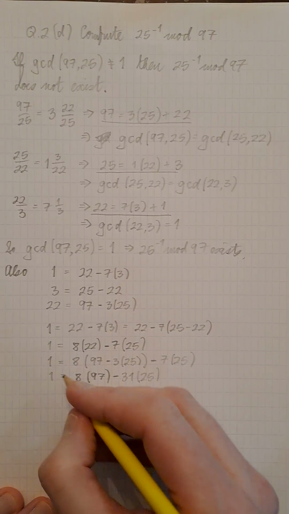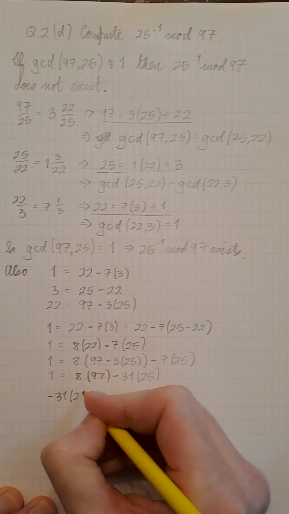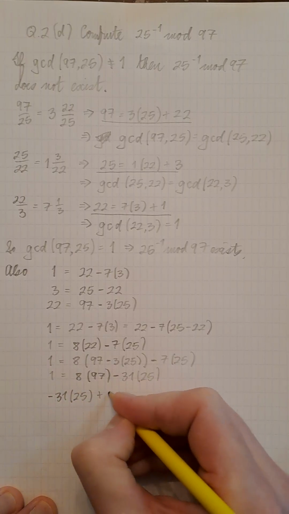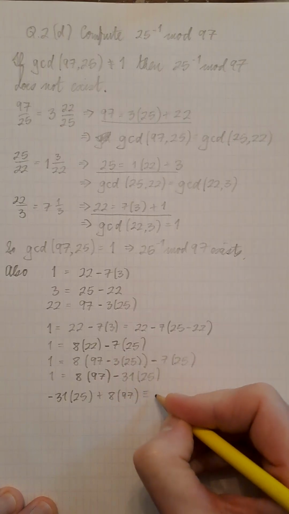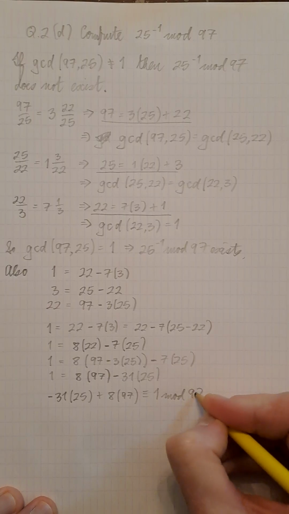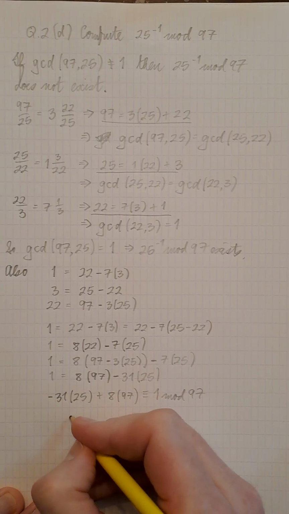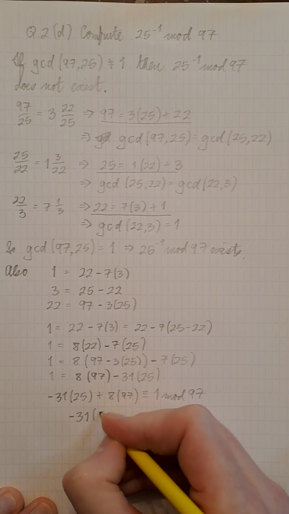So all of that means that minus 31 times 25 plus 8 times 97 is congruent to 1 mod 97. Of course, 8 times 97 is congruent to 0 mod 97.